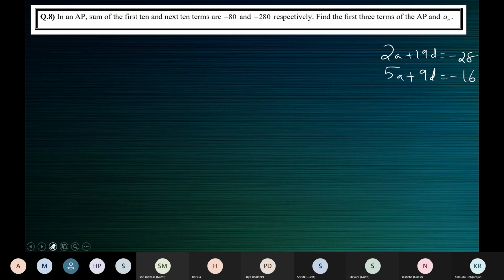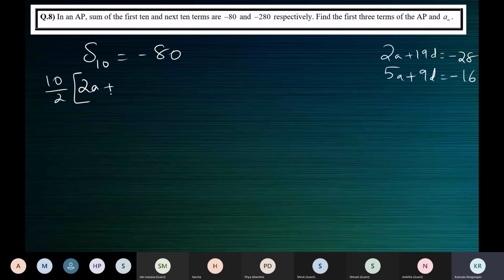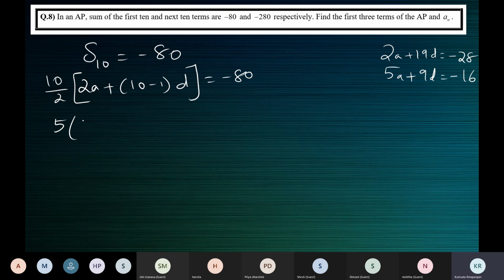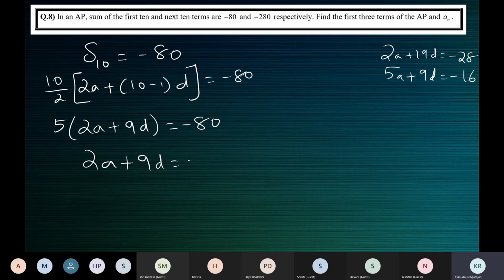We're given that the sum of the first 10 terms is minus 80. That means n by 2, 10 by 2 of 2a plus n minus 1, 10 minus 1 into d is equal to minus 80. So 5 into 2a plus 9d is equal to minus 80. So 2a plus 9d is equal to minus 80 by 5. 2a plus 9d is equal to minus 16.